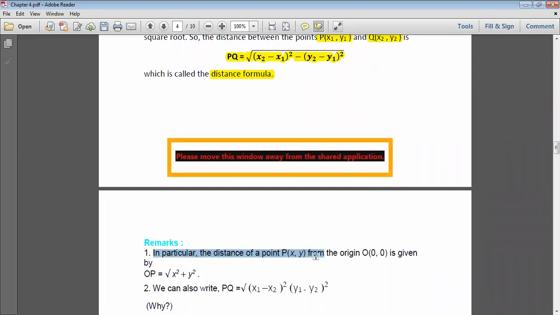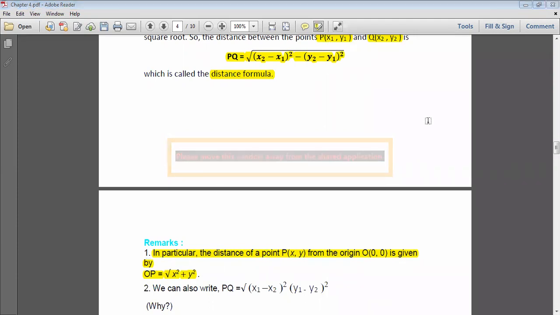In particular, the distance of a point P(x, y) from the origin (0, 0) is given by OP equal to square root of x squared plus y squared, because the other coordinate is 0. Clear? Yes, sir.